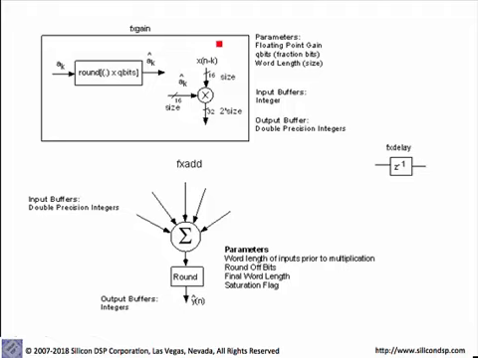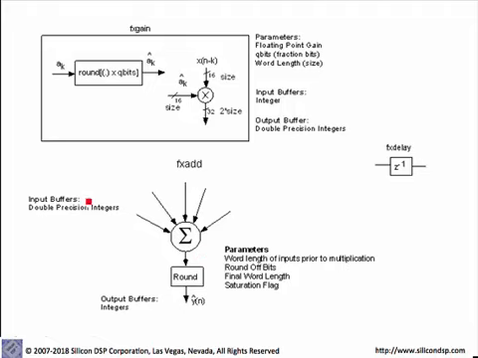So this is a very important block called fx gain. We also have fx delay, which basically delays its inputs, and in the case of fx delay we're expecting 32-bit integers, but those 32-bit integers could be associated with 16-bit numbers, 8-bit numbers, up to 32 bits. The next important block is the fx add, which implements an accumulator.